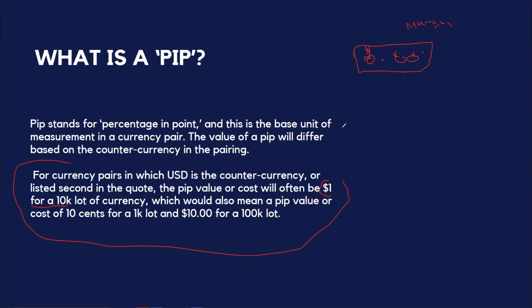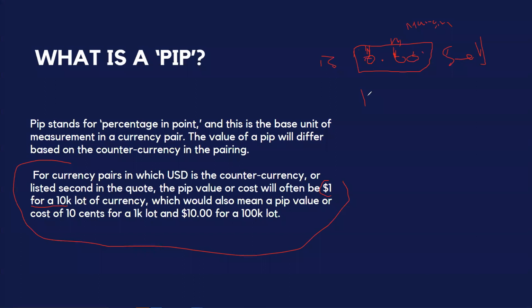Meaning when you place a sell or buy, you are going to be making $1 per pip, and 1 mini lot size after the point is a mini lot size. I repeat that it is important.